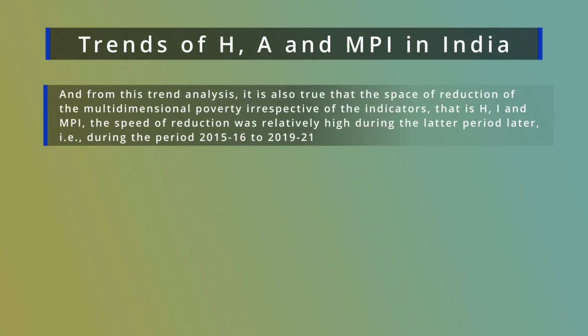And from this trend analysis, it is also true that, irrespective of the indicators, that is H, A and MPI, the speed of reduction was relatively high during the later period, that is 2015-16 to 2019-21.